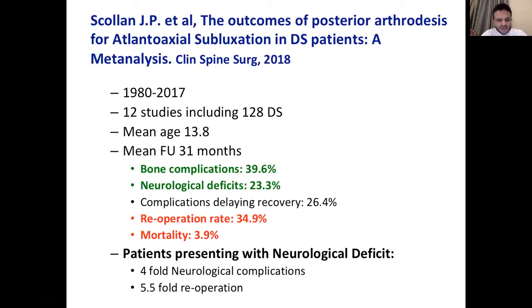I try to do C1, C2 and spare the occiput whenever I can. I include the occiput if there is a true indication like a C0, C1 problem, or in a revision case like this. And you can see here, patients presenting with neurologic deficit, like this patient, would have a 4-fold risk of neurologic complications and 5-fold risk of reoperation.